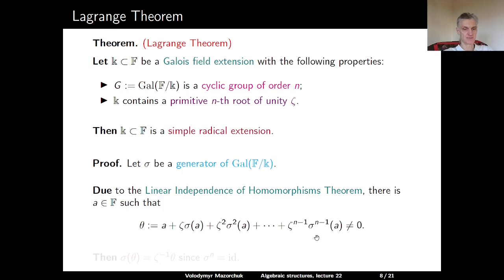That is our theta. Then, from the definition of theta, we have that sigma applied to theta is equal to zeta inverse times theta. Indeed, if we apply sigma, we get sigma of A plus zeta sigma squared of A plus and so on. And if we multiply this with zeta, we get theta back. And here we use that sigma to the power n is equal to the identity. Sigma is a generator of a cyclic group of order n.